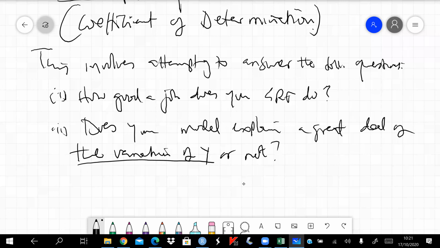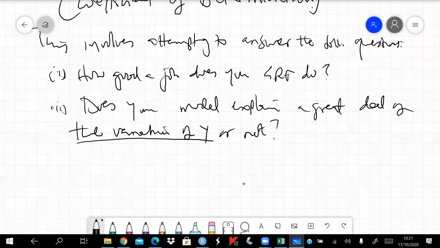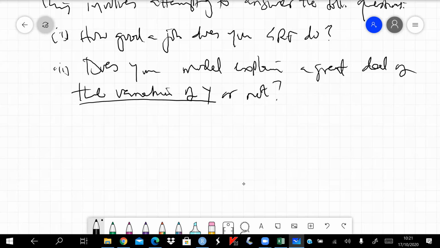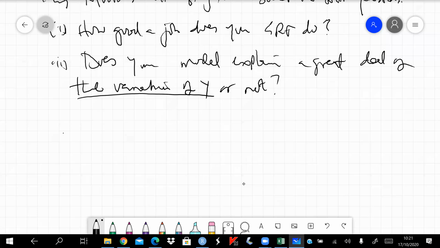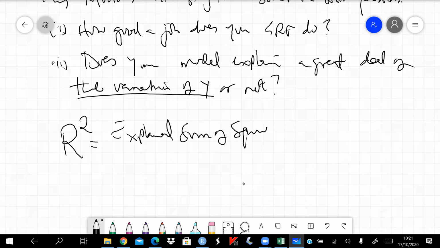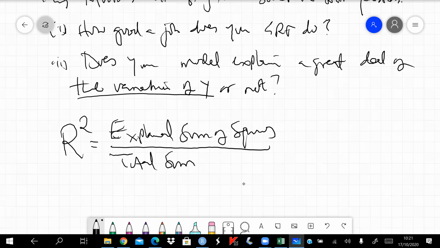So to answer those two questions, you use the coefficient of determination, which is defined as capital R squared, given by the explained sum of squares divided by the total sum of squares, which is the same as SSE divided by SST.